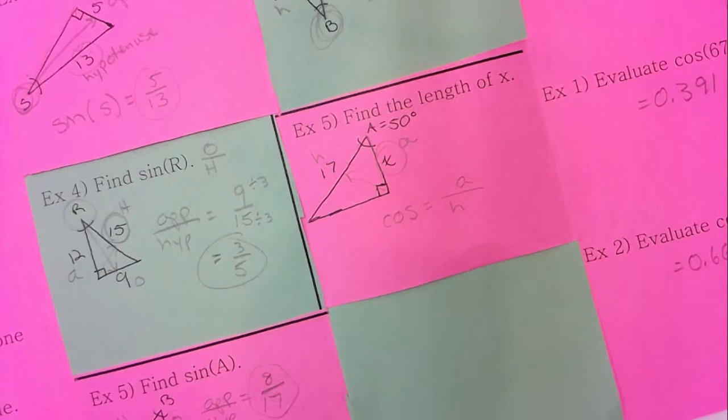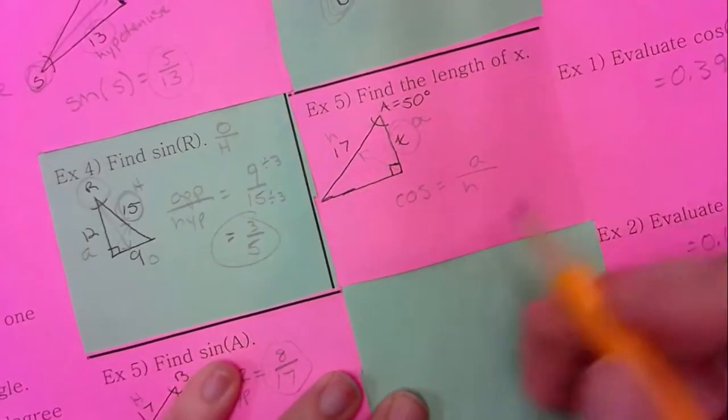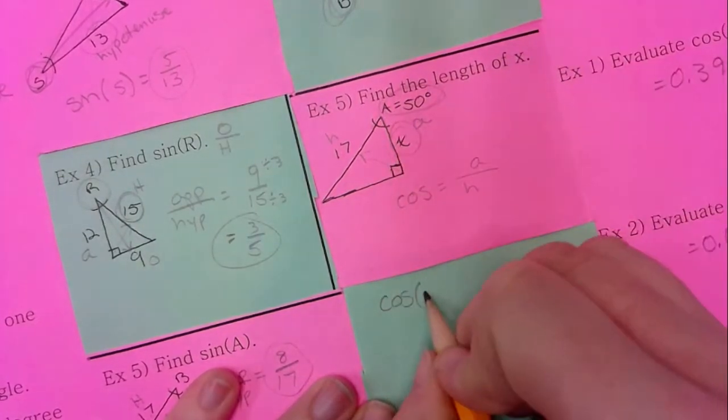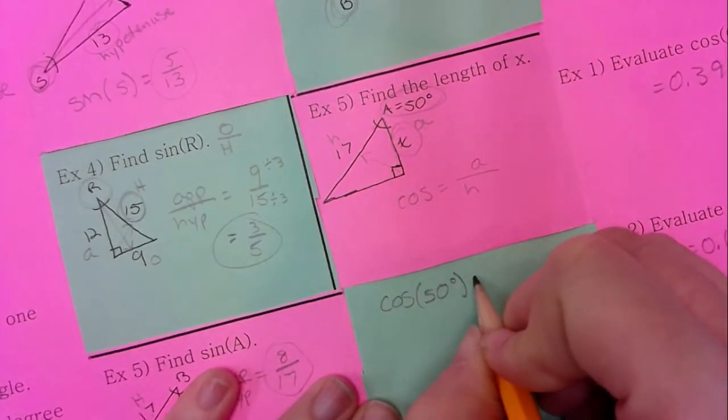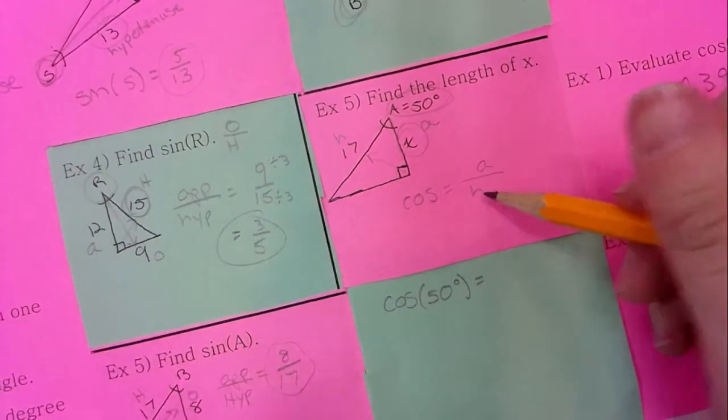Because I've got adjacent over hypotenuse. So when I'm finding a missing side, what I want to do is take the cosine of the angle, and notice it does give me the angle. So cosine of 50 degrees. And I know that's the adjacent over the hypotenuse.